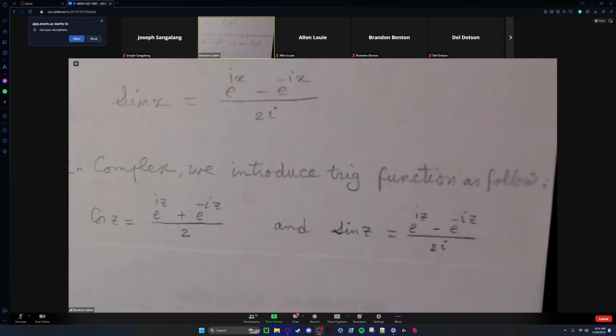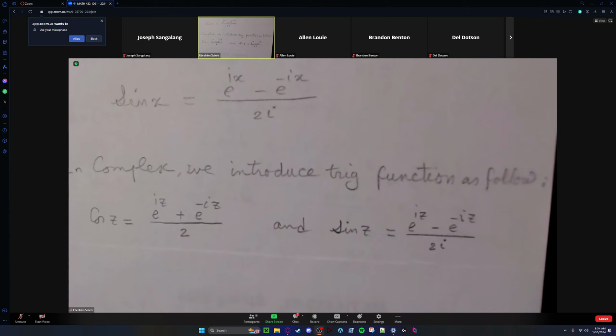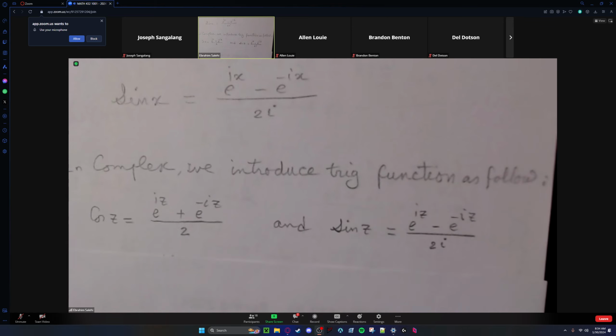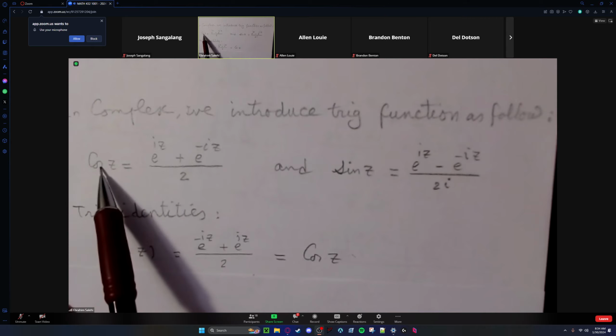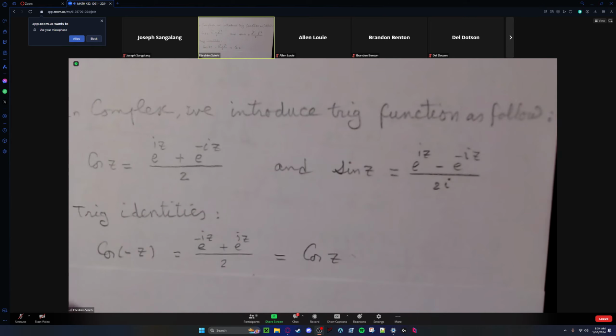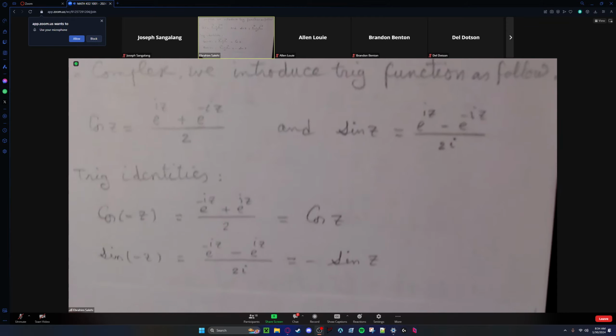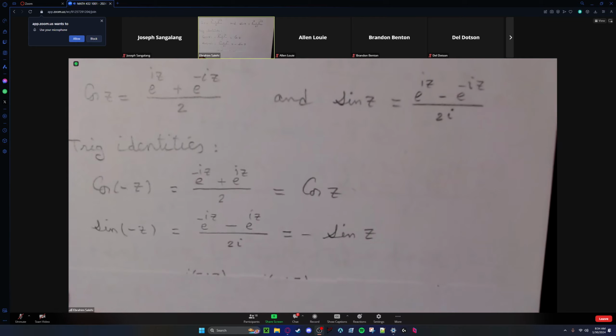Last time we sort of verified a bunch of trig identities. For example, what happens if we replace z by negative z here? Well, it is the same definition, by the way. Yeah, we do expect to get this. Cosine of negative z is the same as cosine z. And for sine, we do the same thing.